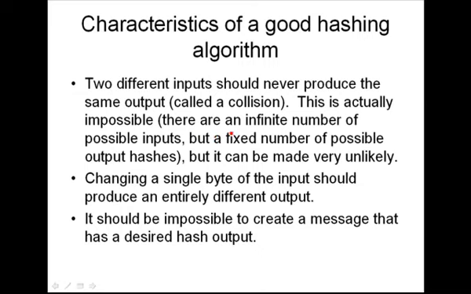And the reason for this is there are an infinite number of possible inputs, but there's only a fixed number of possible output hashes, and this fixed number is based on the number of bits in the hash itself.